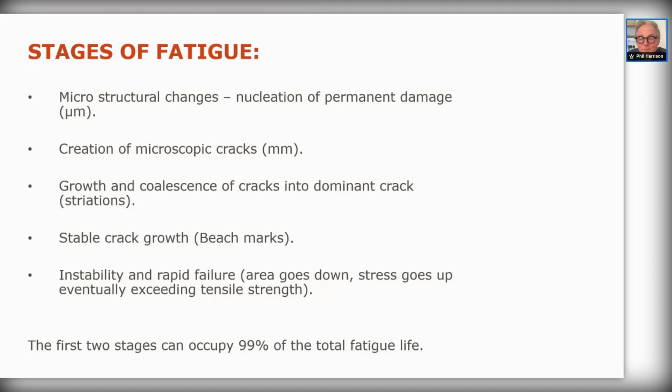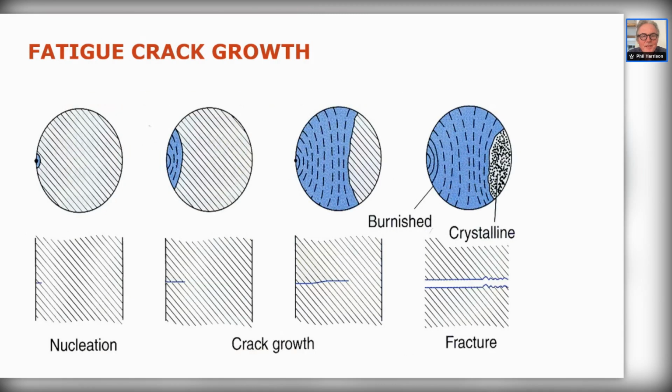Go to the next slide, please, Darren. And this again, I'm sorry for over-egging this, but in the very brief slide, you can see here what we started with, having nucleation of the crack on the left-hand side. Very, very small crack. Then it starts moving. Then it gets moved through the material. Then we have the crystallized, grainy, fibrous fracture at the end of this that you can always see.